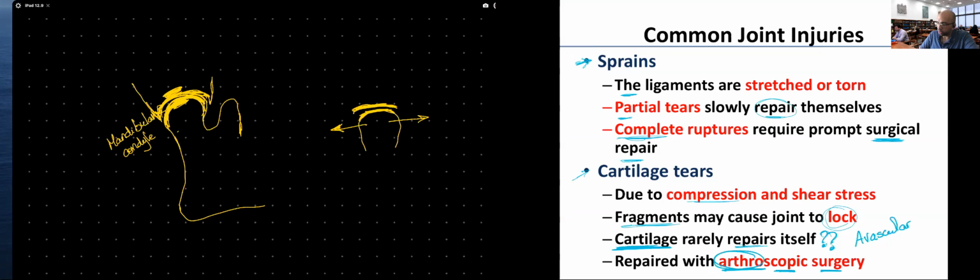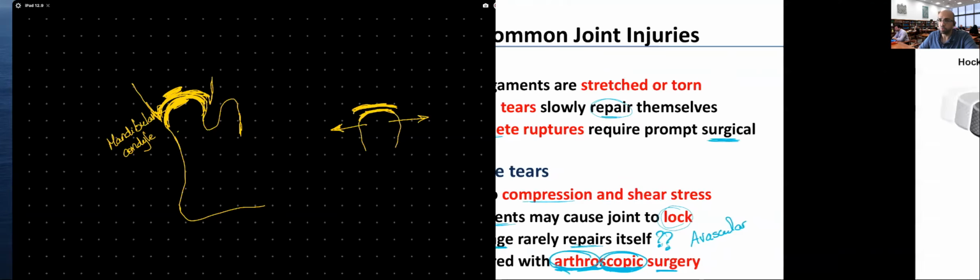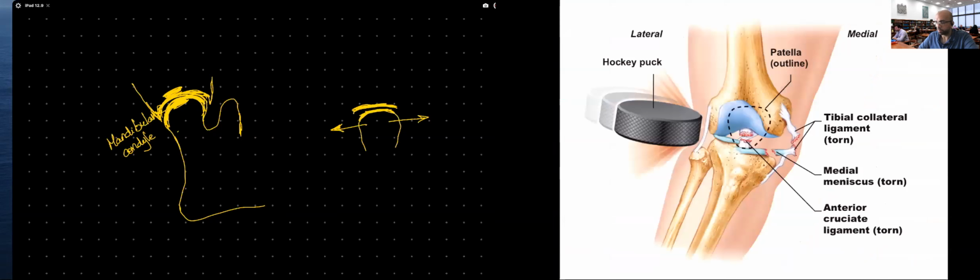Arthro means joint, and scope means vision. So I'm passing to the inside of the joint using an endoscope to perform my surgery. So it's not an open surgery, it's through a camera that gets inserted in the joint cavity for you to perform the surgical repair.